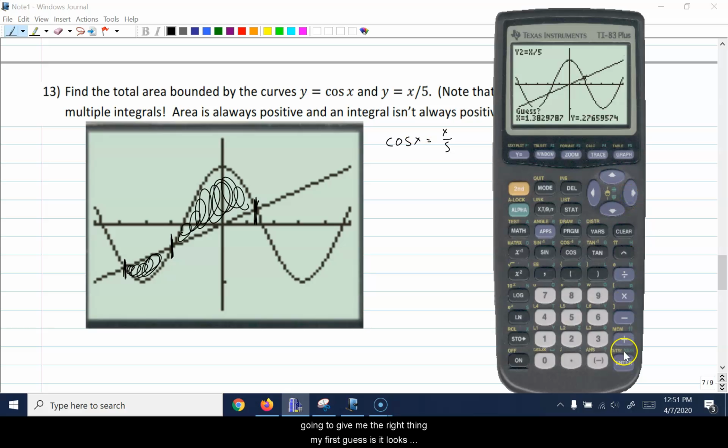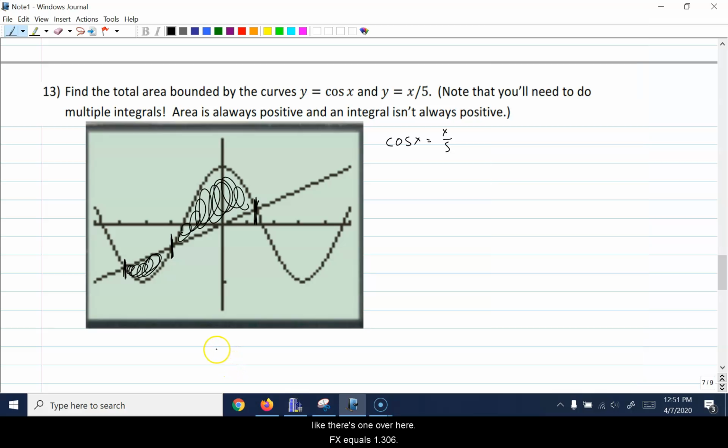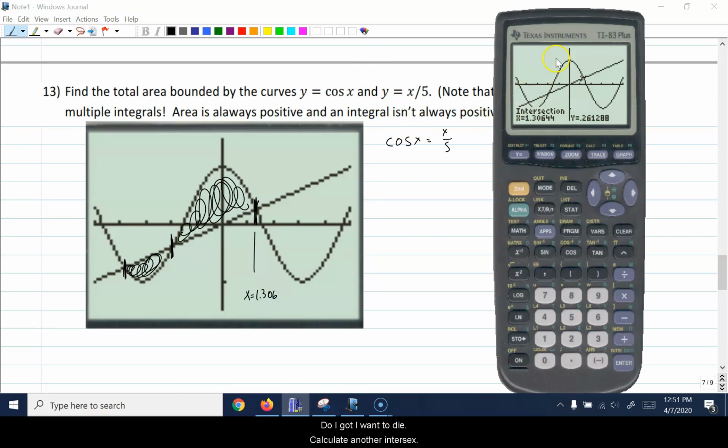My first guess is it looks like there's one over here. That's x equals 1.306. What else do I got? I want to calculate another intersect. First curve, second curve. My guess is I want the one that's over here.